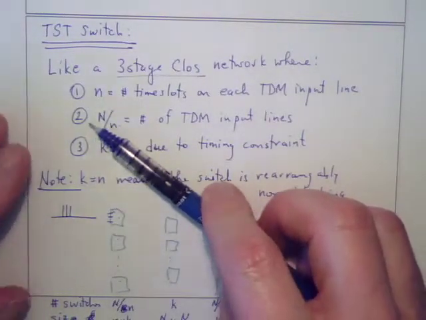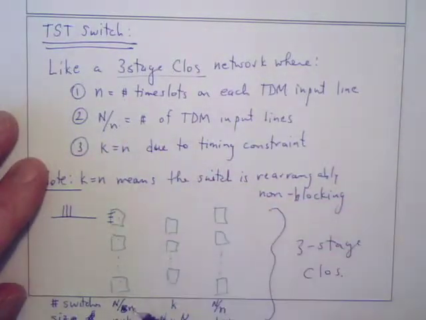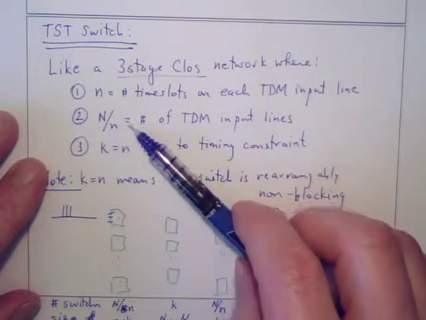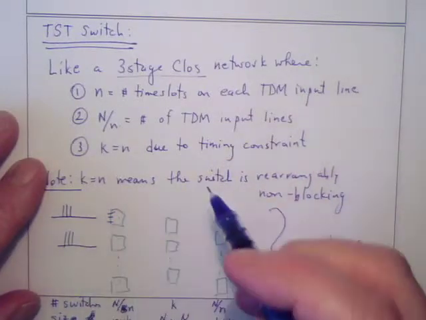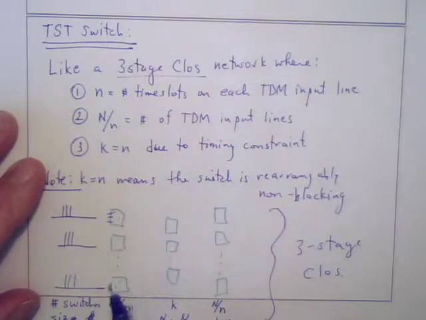Okay. Number 2, big N divided by little n, which is the number of switches in stage 1, is equal to the number of TDM input lines. So here's a TDM input line, and we have a stage 1 switch for each of the TDM input lines. Okay.